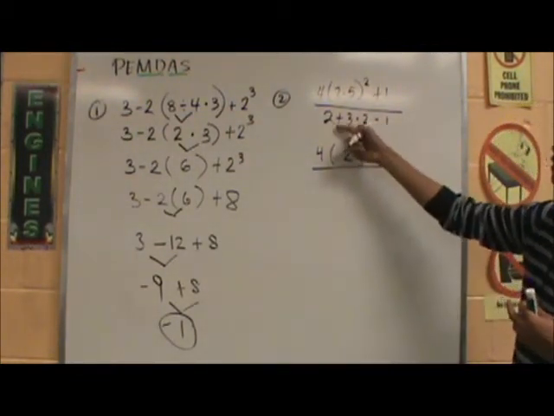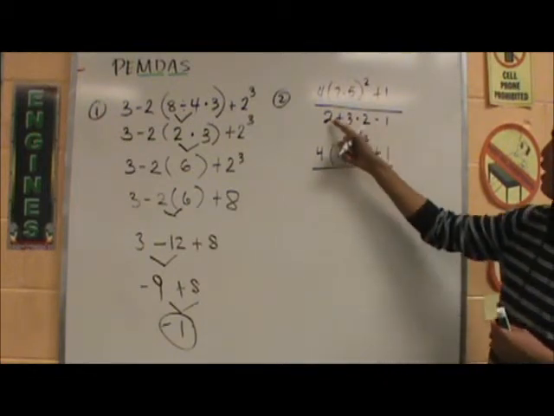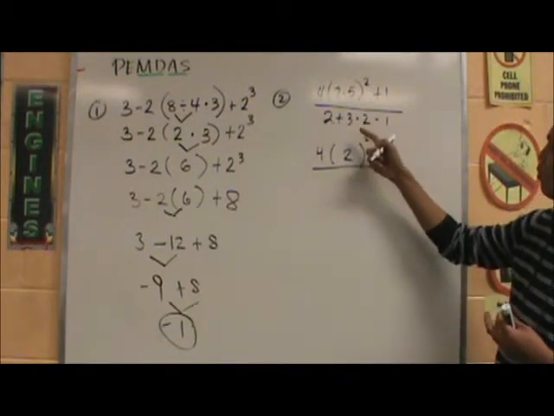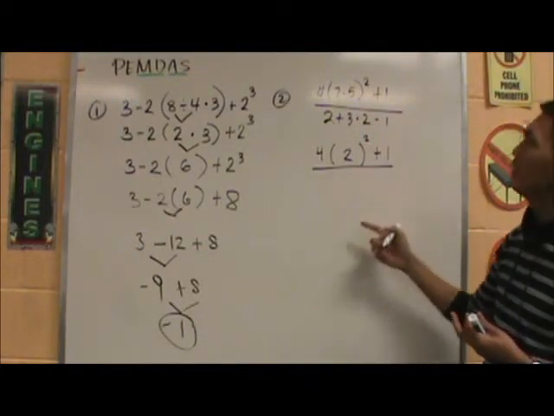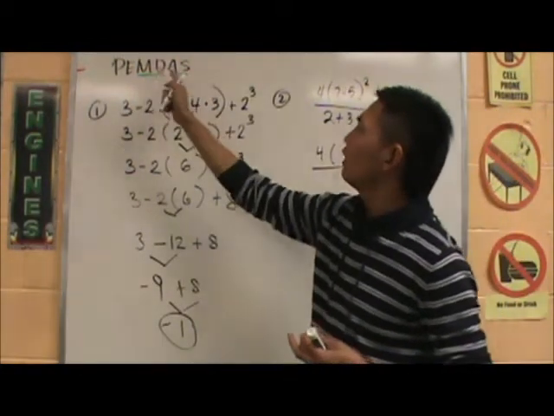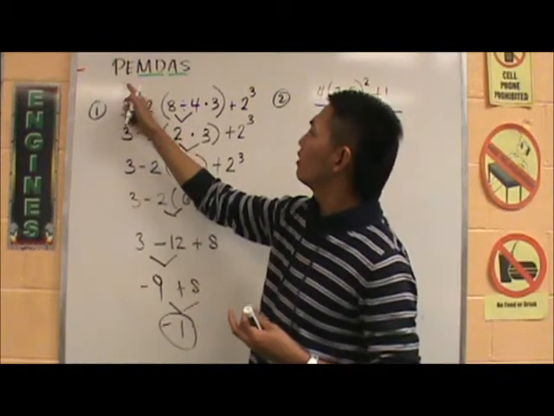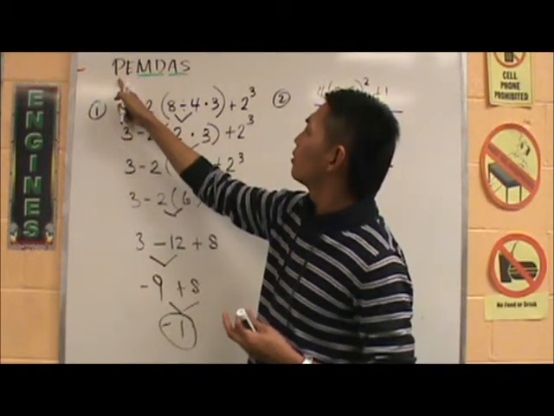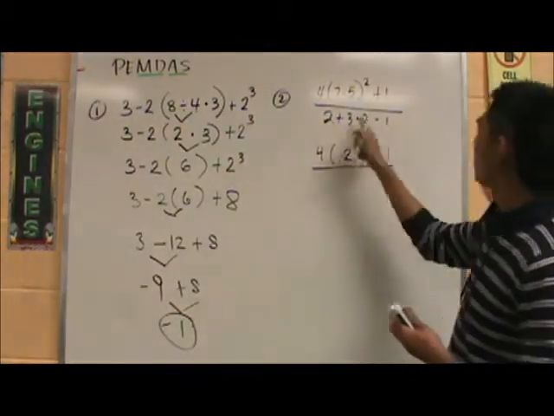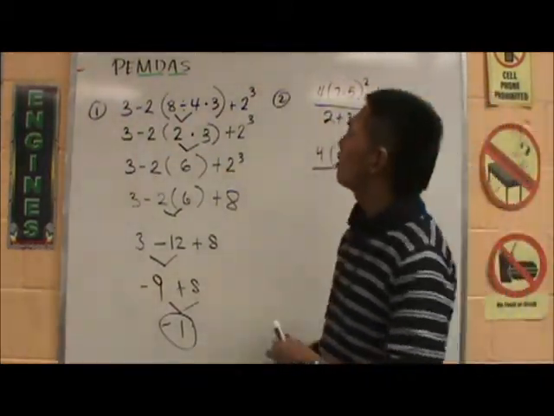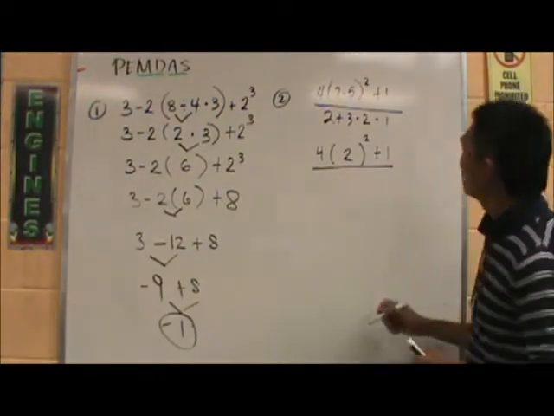Over. Now, for the denominator, should we add 2 and 3 first, or multiply 3 and 2, or subtract? Again, let's follow the steps here. The order: parentheses, there's no parentheses, so we're not using the P. Exponent, there's no exponent in the denominator, but you have to multiply first.